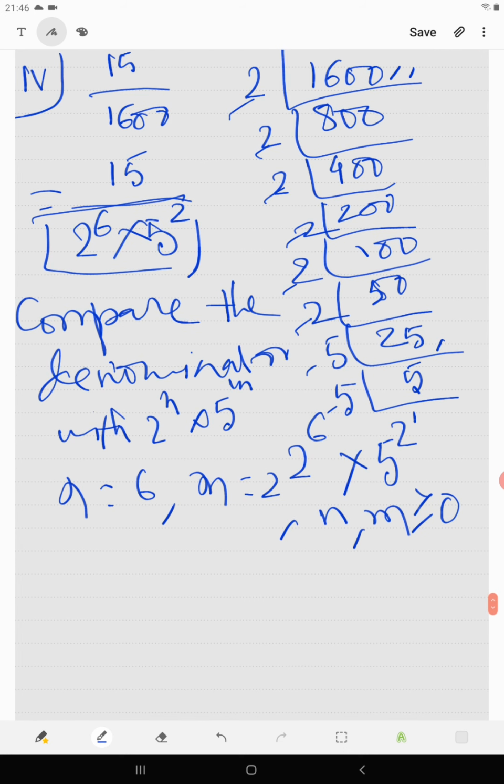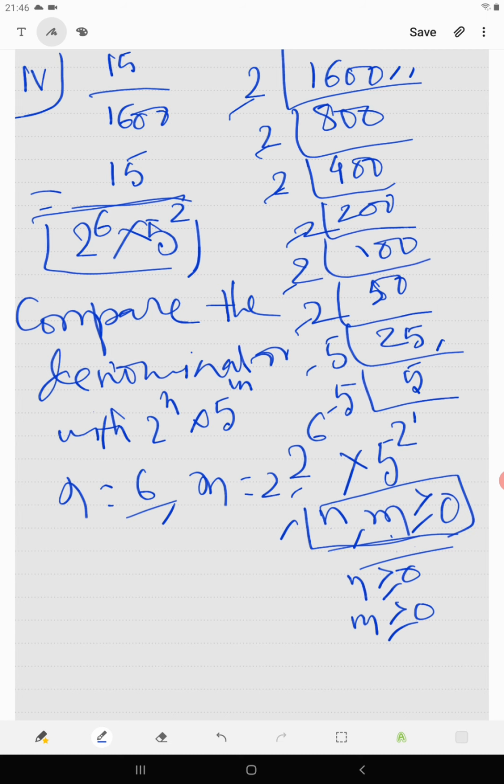This condition is also an important thing: it should not be negative. Whatever we have got satisfies this. So n should be greater than or equal to 0, and m should be greater than or equal to 0. I have written them together, you can write it separately also.